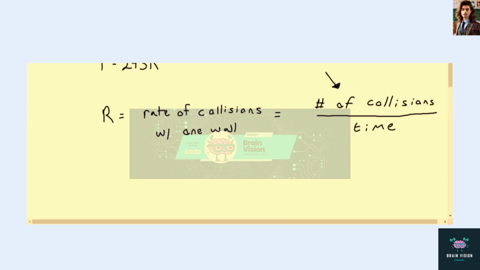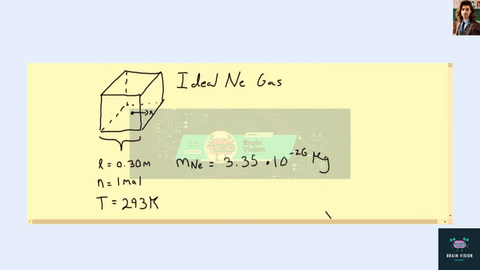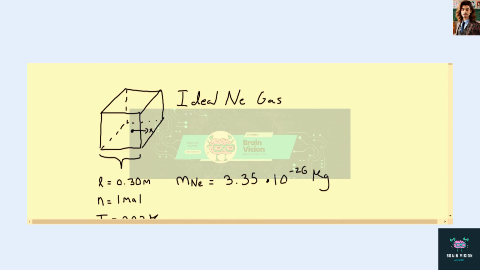So the specific time interval we're actually going to look at is the time it takes for a single neon atom to hit one wall, say this wall, travel all the way to the other wall, collide with that wall, and then come all the way back. And the reason we're going to look at that time interval is because we know that within that time interval, there has to be at least one collision with our wall here, right?